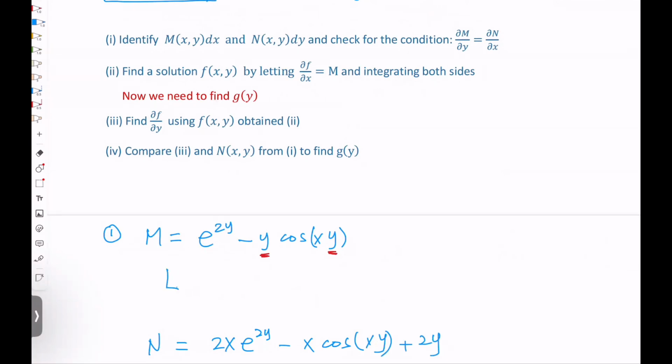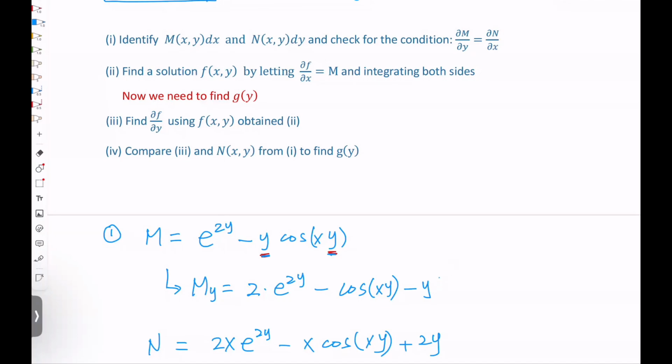From here to My, take the partial derivative in terms of y. So first one, 2 e to the 2y times the derivative of 2y, which is 2. So 2 times e to the 2y. And we have two terms, y and y here. So the first derivative, which is 1, and minus first, second derivative.